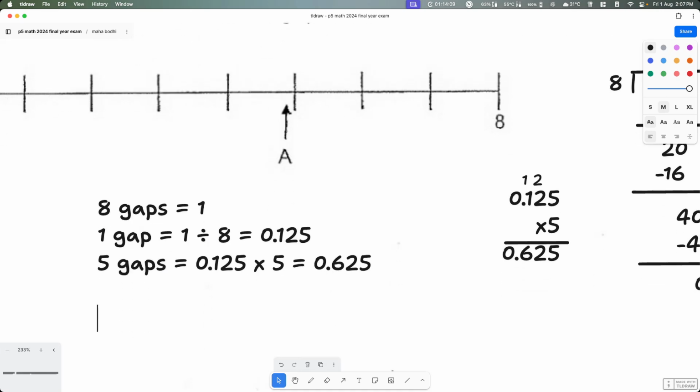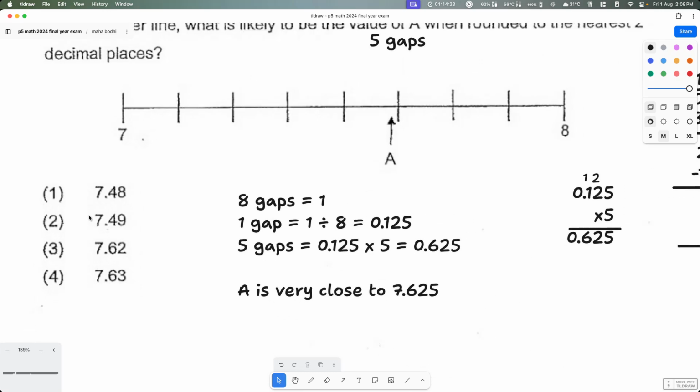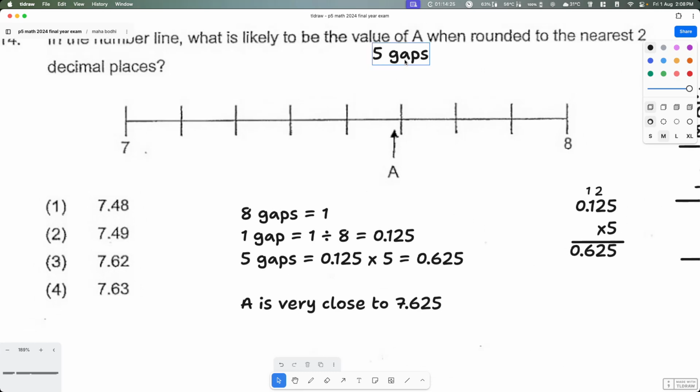So that means A is very close to 7.625 or 6 to 5, something like that. Okay, so with this, which one do you think the answer is? So 7.625 is over here, right?